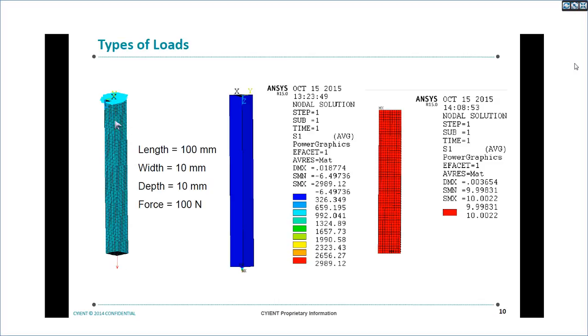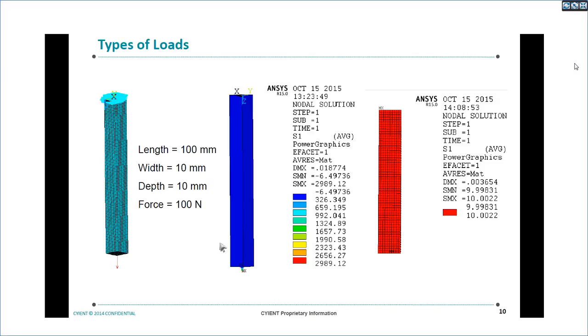Suppose I solved a model by applying a force of 100 newton on one node. Typically we can use hand calculations here. If you calculate the stress, it will be 10 MPa.